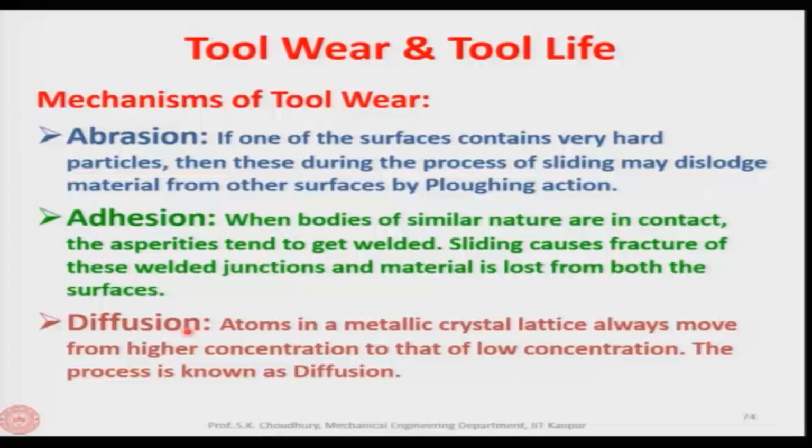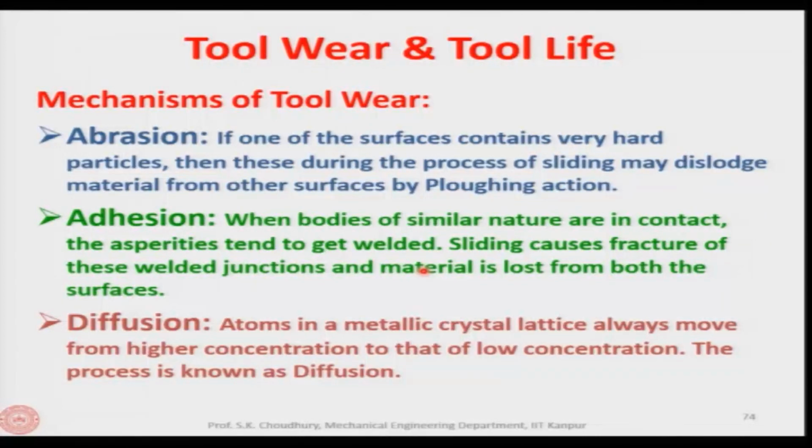Third mechanism is diffusion. Atoms in a metallic crystal lattice always move from higher concentration to lower concentration. The process is known as diffusion. Therefore, we can explain why tools wear out: the tool is a harder material and it has a higher atomic density.